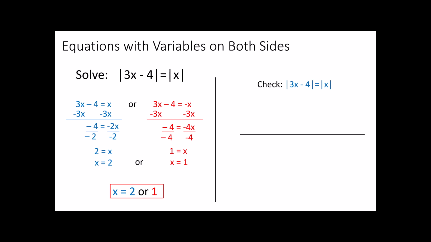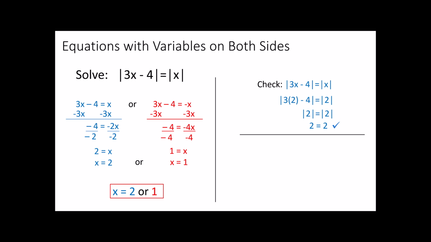Now, as always, when we're solving equations, we do want to do a check. Over here, when I do my check, you will notice that I rewrote the original problem, plugged in the appropriate value. In this case, we said 2, and then I simplify to see if the sides match. If the sides match, I give myself a check mark.